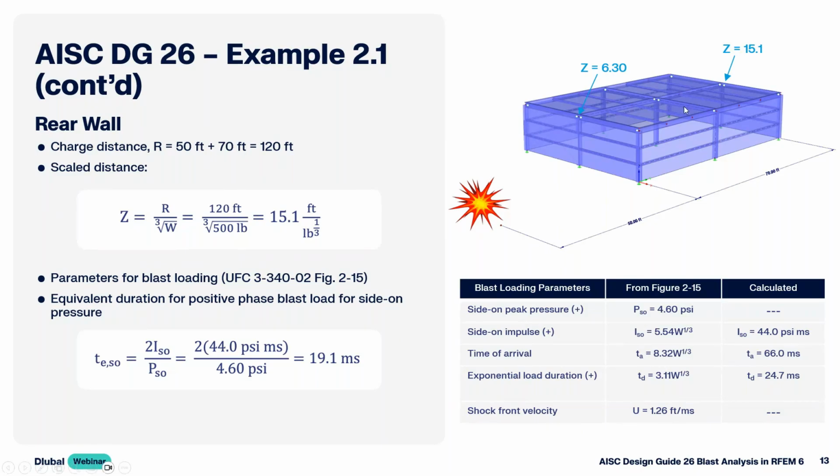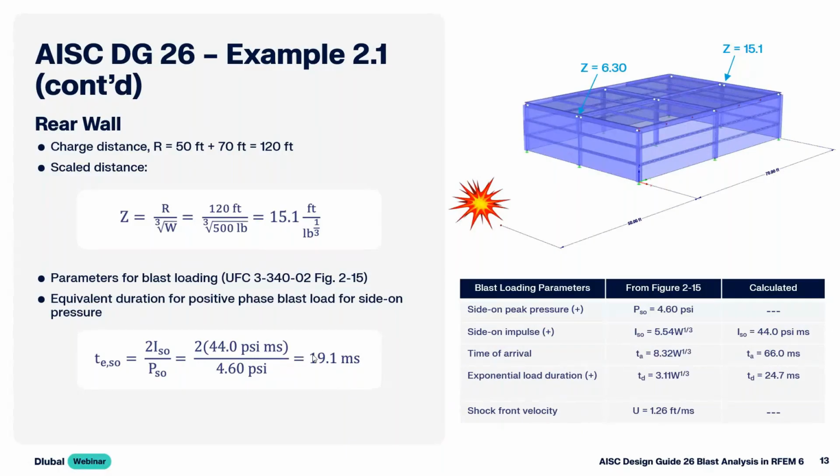That's because this back wall is not exposed normal to the face of the explosion itself, unlike something like the front wall. So therefore, we're more interested in those lower pressures, like the side-on peak pressure here and also side-on impulse. Now, again, for that triangular distribution, we don't know our time duration. We input in this information here, and we get a value of 19.1 milliseconds.